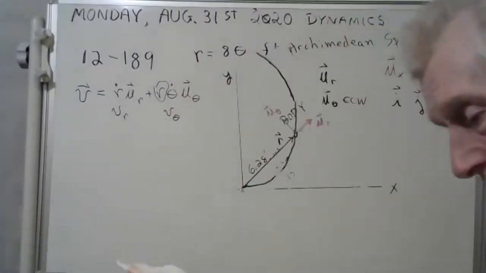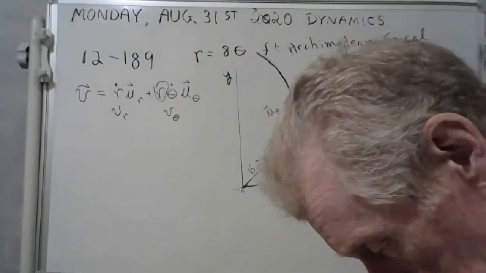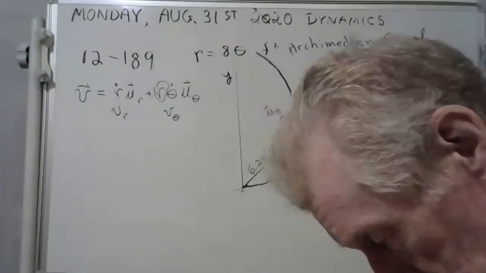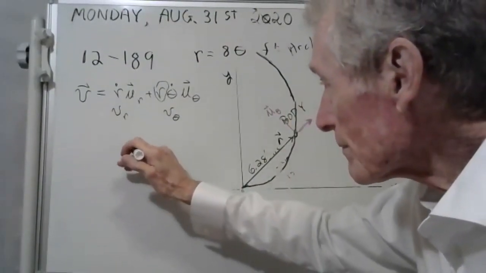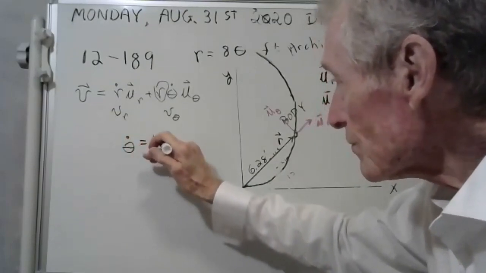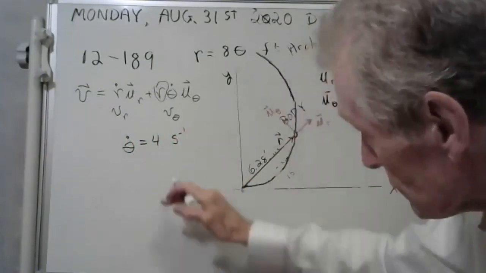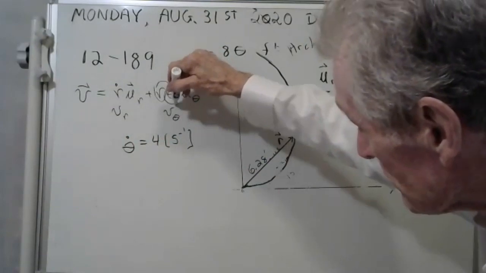Maybe they tell us what theta dot is. They said that they gave us theta dot. Wasn't that nice? They said that theta dot is 4 radians per second. That's what they said.